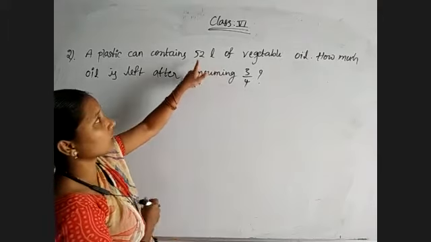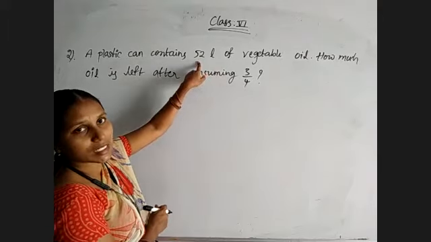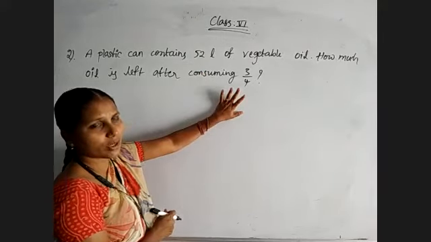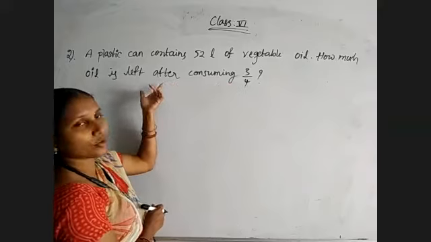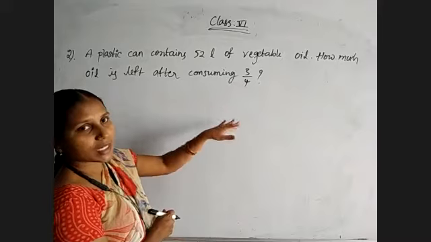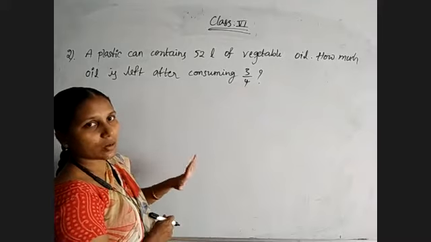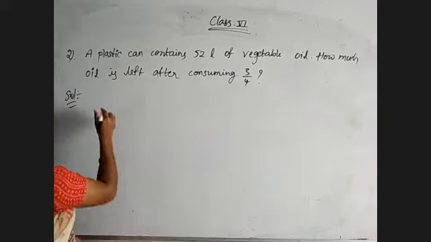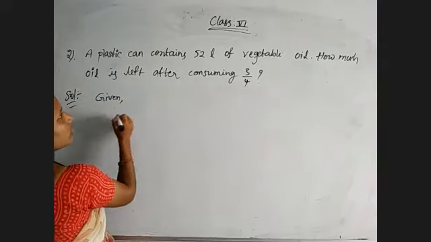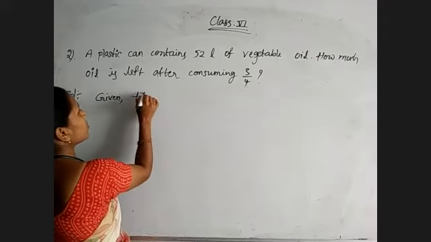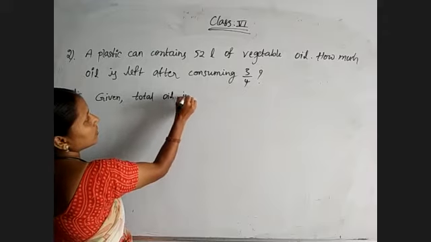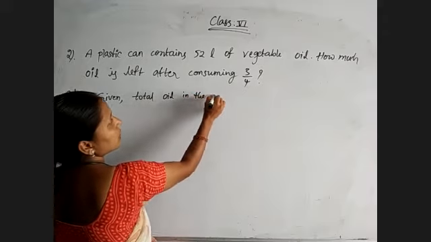So here total 52 liters of oil is there in the can. So 3/4 of 52 is how much, find out the value. So how much oil is left over? Consuming is nothing but used oil, and the remaining is left in the can. That one we need to find. Here given, total oil in the can is equal to 52 liters.